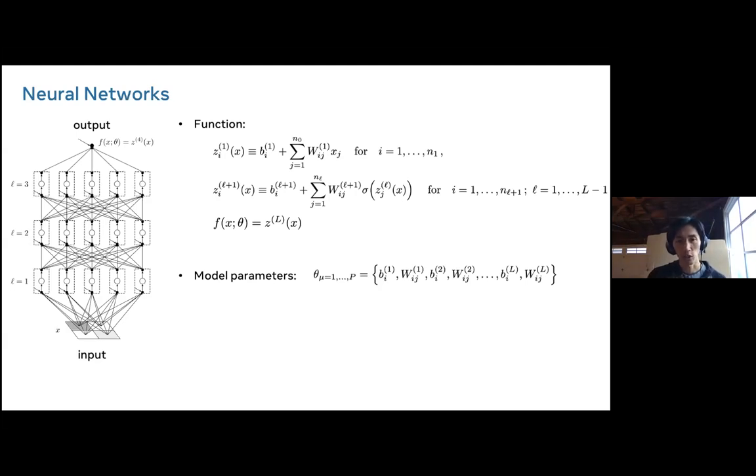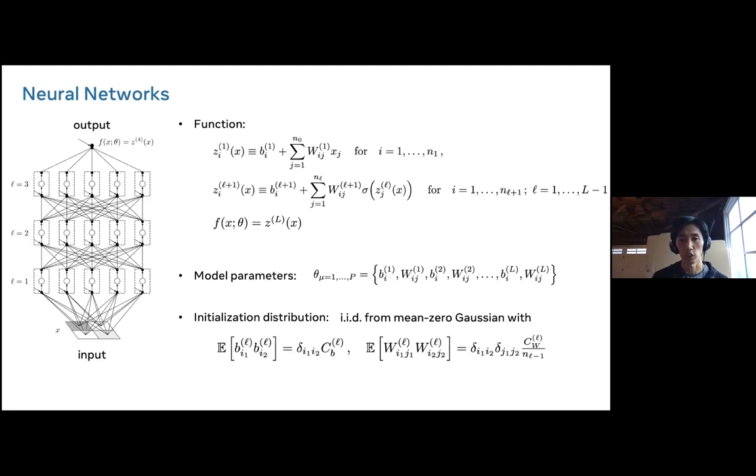And one more thing I talked about is the initialization distribution, which specifies how the biases and weights are distributed before training. The typical choice is IID from a mean zero Gaussian, or sometimes a mean zero uniform distribution, but they are characterized by the variance.